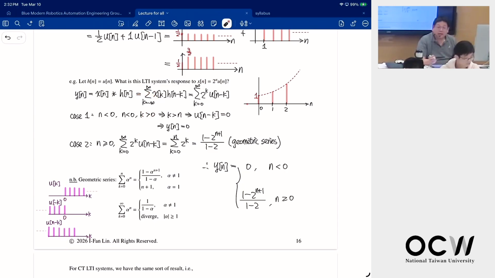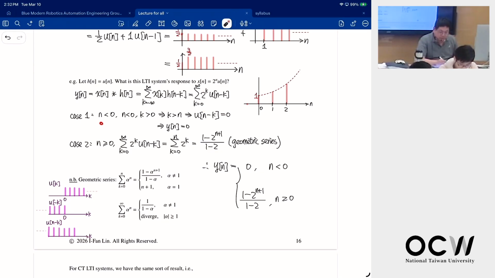And that also means that if n is less than k, then this will be 0. We'll talk about that later. Any questions so far for expressing the y? Okay, so now my k should be from 0 to infinity.